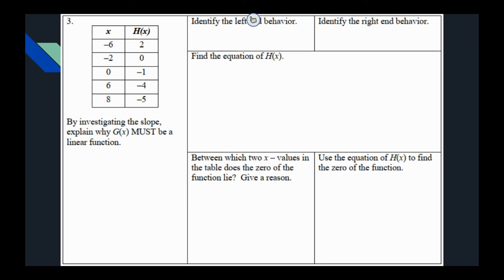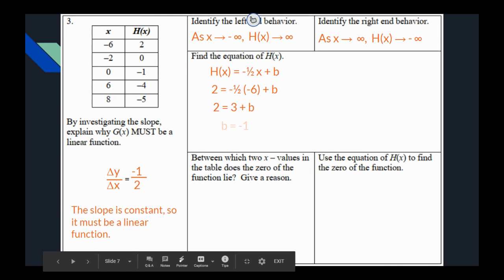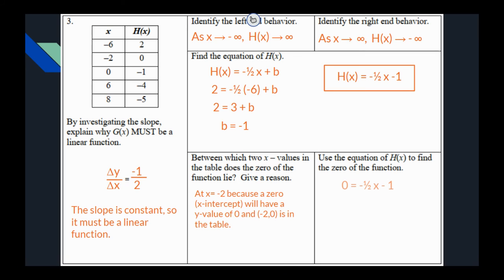Very precise. So hopefully you got that your slope was -1/2. So your left end behavior goes to positive infinity, and on the right it goes to negative infinity. Your y-intercept is -1. So your equation is h of x equals -1/2 x minus 1.